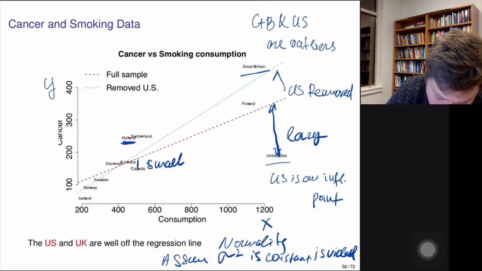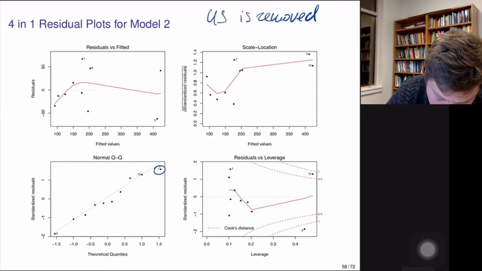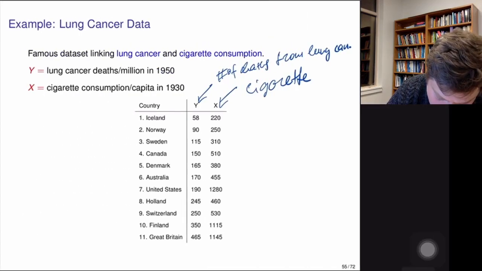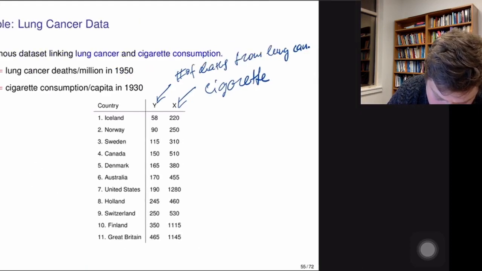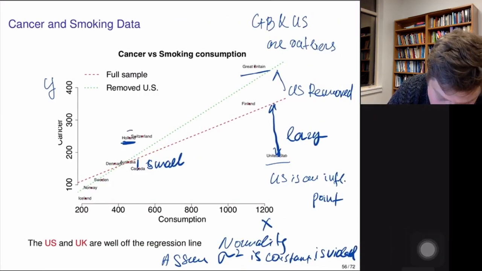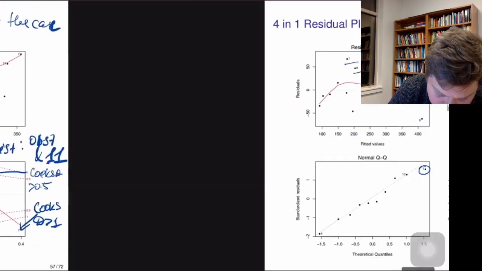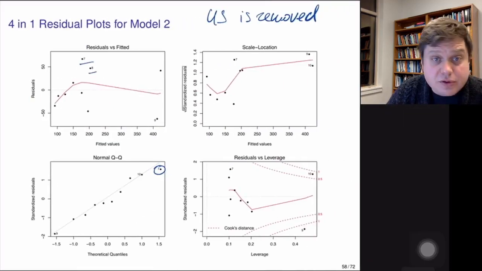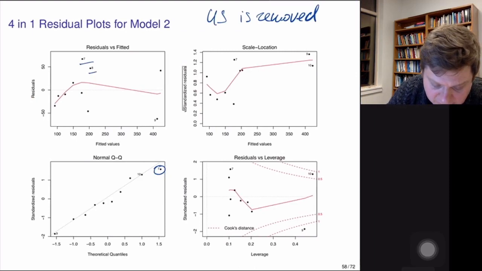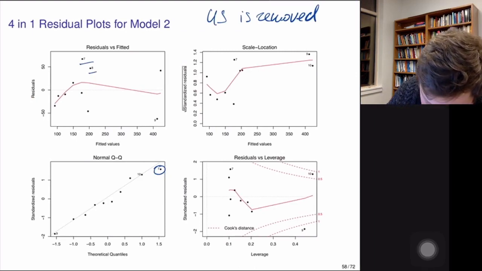So it looks like Holland became an outlier now. And observation number 8 is also an outlier. It's actually Holland and Switzerland, which become 7 and 8. So Holland and Switzerland became outliers now, or at least the points that are furthest away from the fitted line.